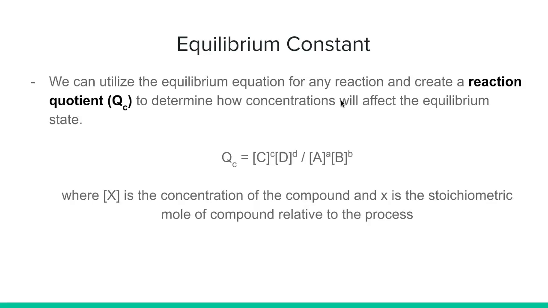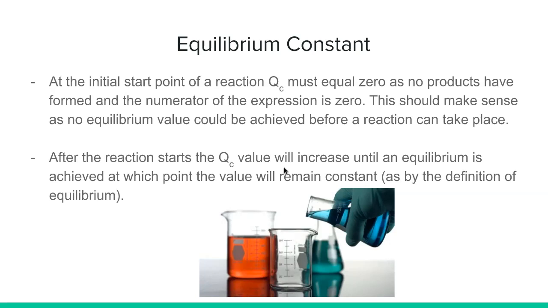Here it is going to be the quotient of products divided by the reactants. So C and D, the products, at the very beginning, the initial state, as soon as you put the reactants together, have to be 0. If the numerator of any quotient is 0, by default that has to become 0 mathematically. So this makes sense: Q sub C is going to be equal to 0 as no products have been formed, and the numerator of the mathematical expression is 0.